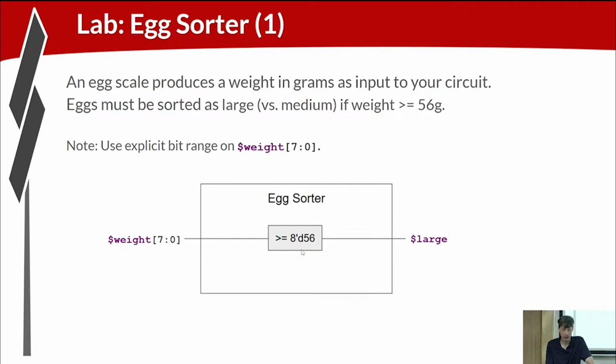So I asked ChatGPT what the size was for a large egg, and it said 65 grams or more. So you want to take in the input weight and see if it's greater than or equal to 65 grams. If so, assert this output signal large, otherwise don't. Okay, so open up a clean MakerChip session and go ahead and code that.